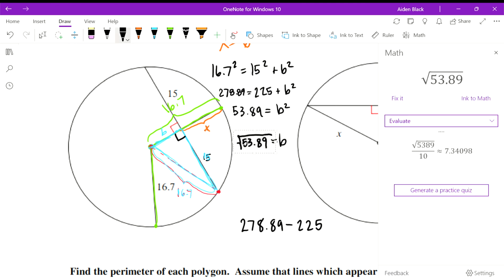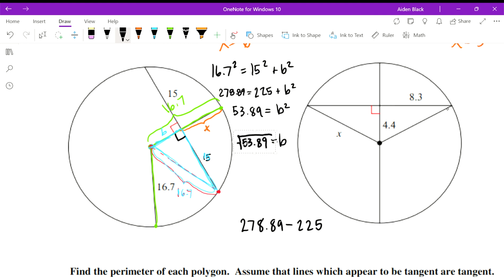There we go. This is 7.34098. Let's not round until the very end, okay? You don't ever want to round your answer until the very end.